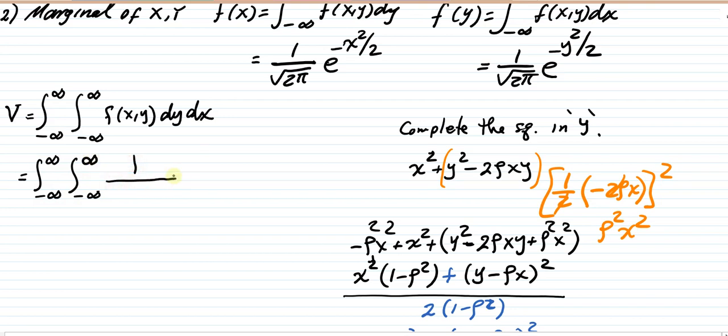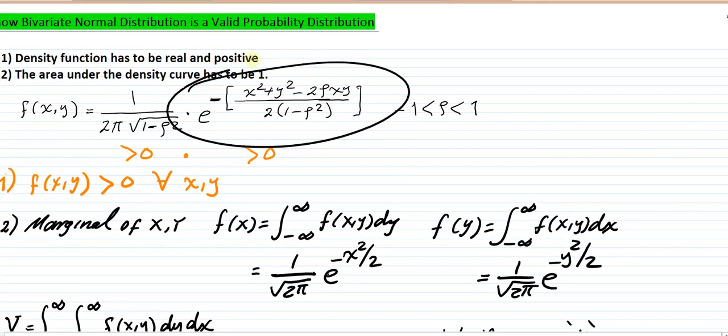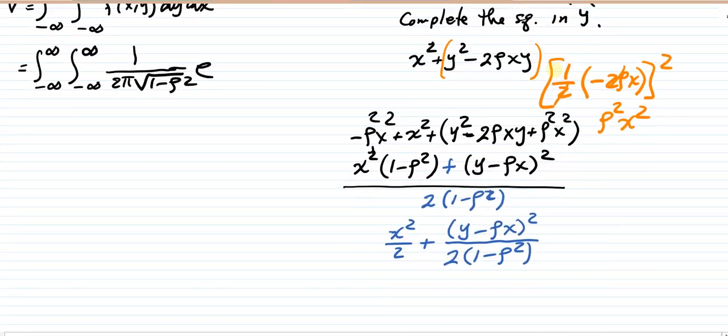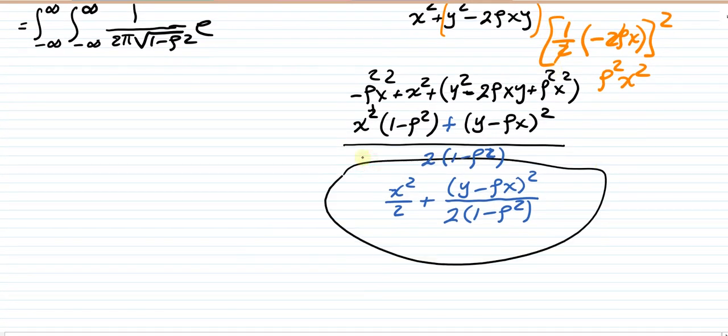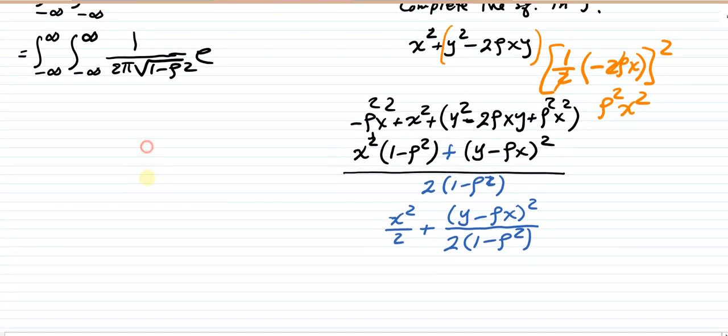And then we have 1 over 2 pi. I'm just writing the joint density at this point. e to the... Now, in the exponent, remember, again, I keep bringing this up. This is what the exponent was, but I completed the square in x, and this is the exponent now. So I'm just going to use that in my exponent.